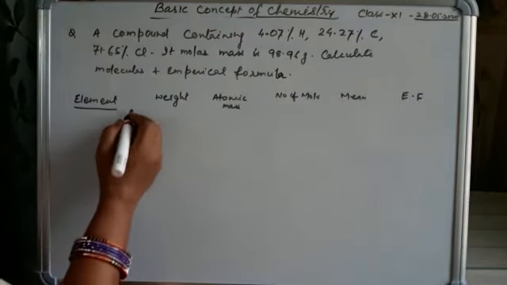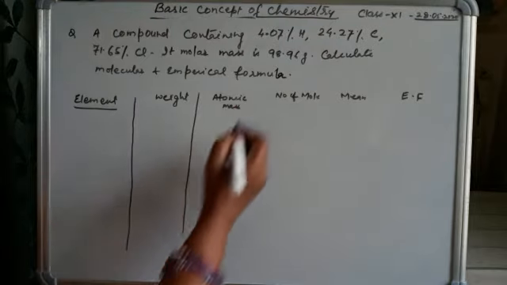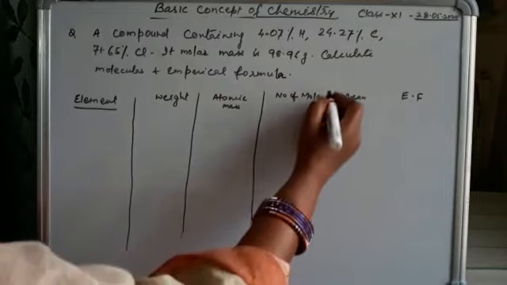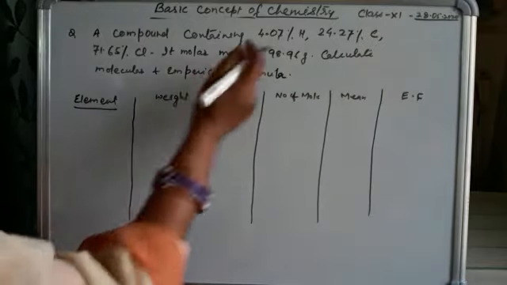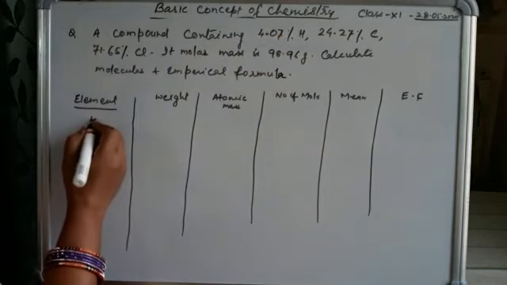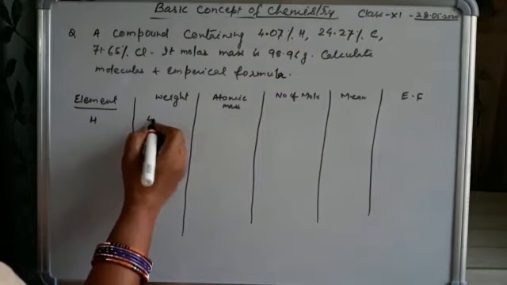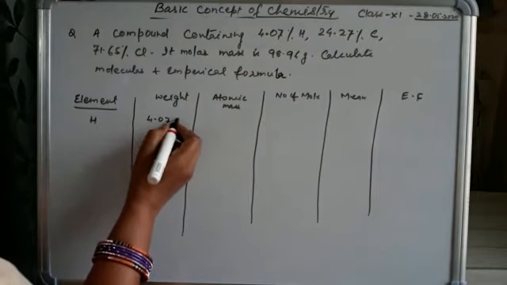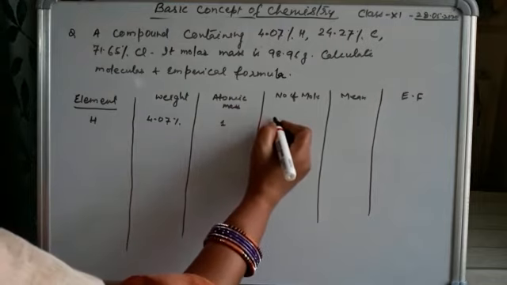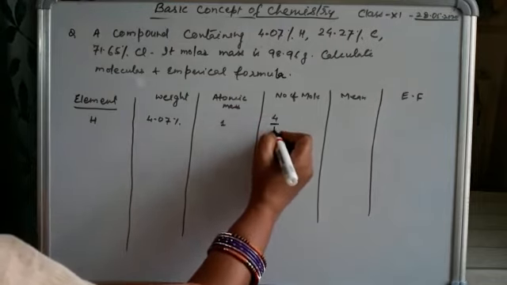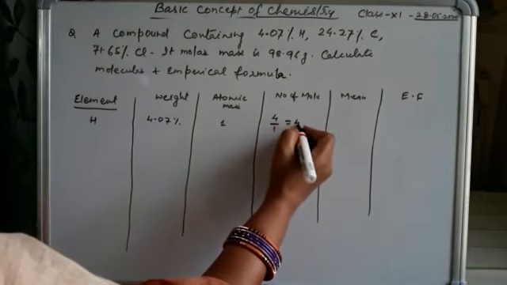So see here, the first element is hydrogen, and the weight percentage of hydrogen is 4.07%. Atomic mass is 1. Number of moles, 4 by 1, given mass by atomic mass, so it comes to 4.